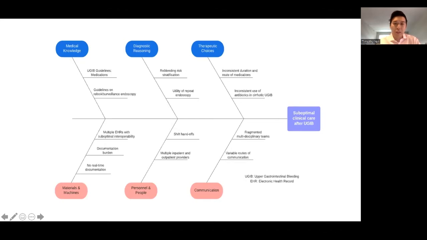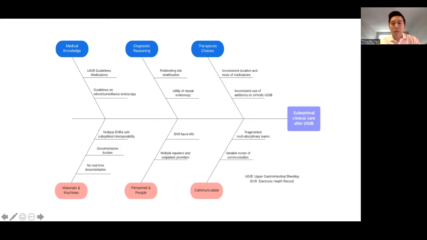And those really, in this case, revolved around what the guidelines say about medications and what the guidelines say about when to do a repeat endoscopy, as well as what the likelihood is that someone's going to rebleed after our endoscopy, as well as what medications they should get afterwards. That's often dictated by a specific type or severity of lesion that we see in endoscopy.